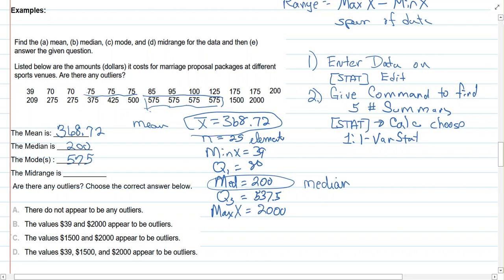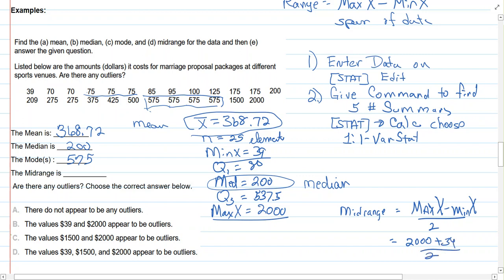And then it asks for our mid-range. Now remember what the mid-range is. So the mid-range is max x plus min x divided by 2. So I'm going to have the 2000 plus the 39 divided by 2.